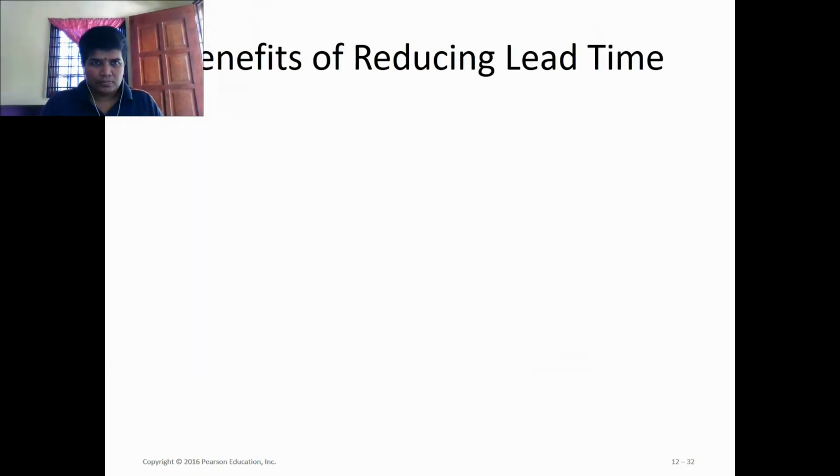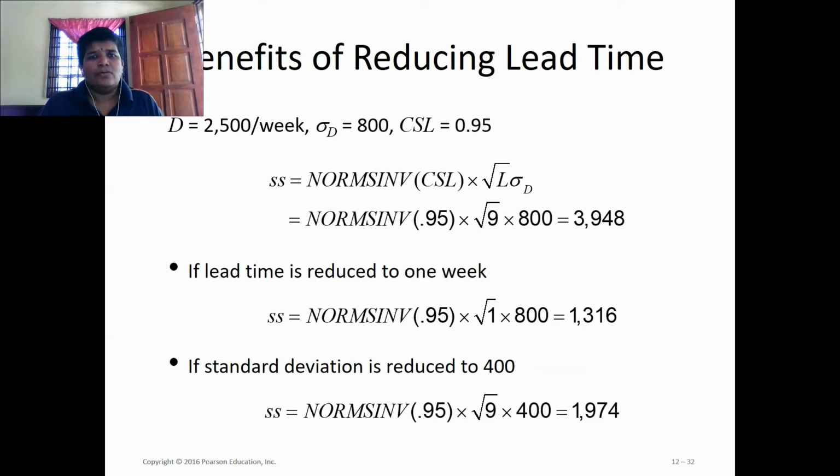Benefit of reducing lead time. These are the formulas to see. If lead time is reduced to 1 week, the safety inventory is 1360.